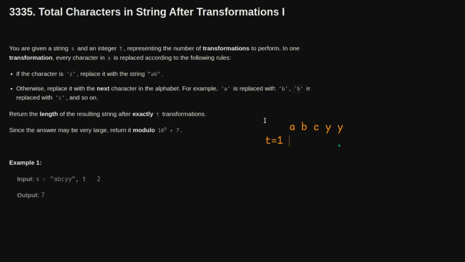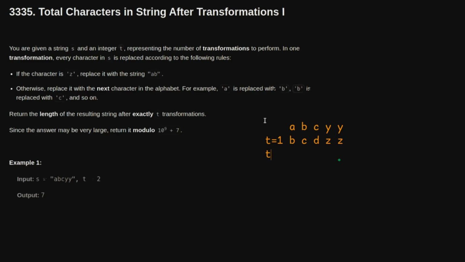So A will be converted to B. This is what it is saying in the question, that A is replaced by B, B is replaced by C, and so on up to Y. Only Z is replaced by A and B. So A is replaced by B, B, C, C, D, Y, Z, Y, Z, right?